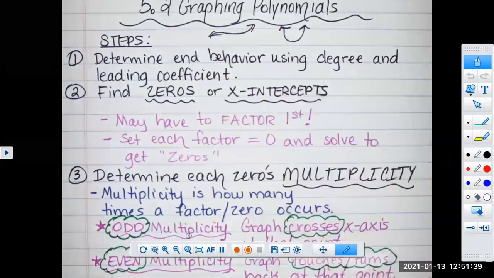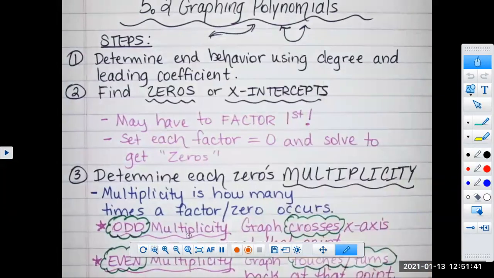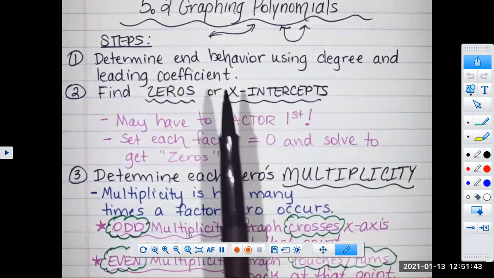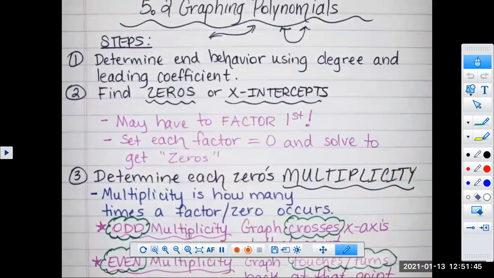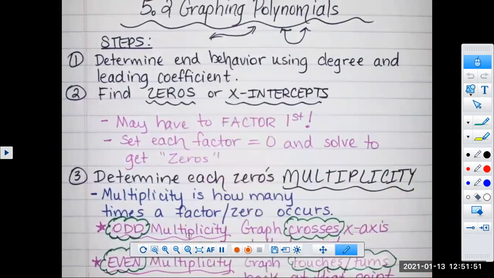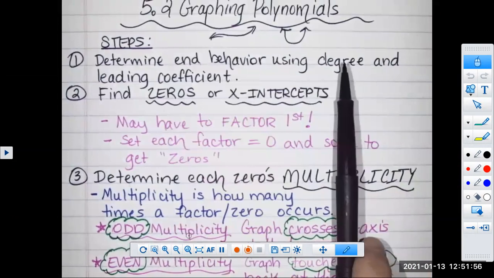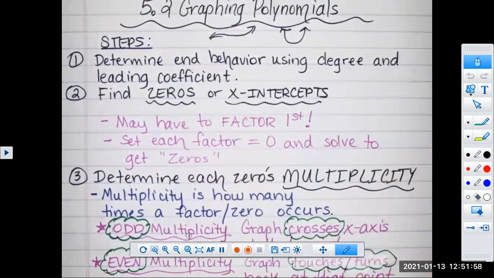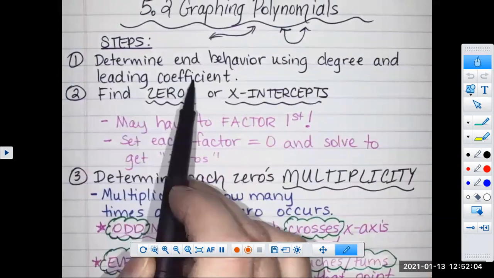The first thing you're going to do is determine what your graph is doing on the left side and right side by finding end behavior. The way that you do that, from 5.1, is you determine the degree of your polynomial, which is simply your highest exponent, and look at the coefficient in front of that.